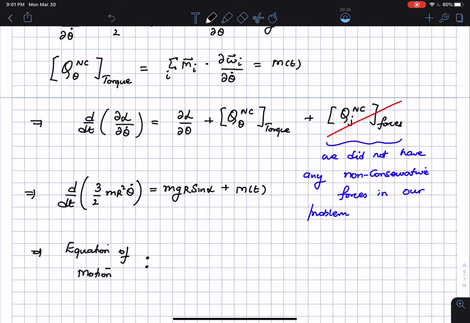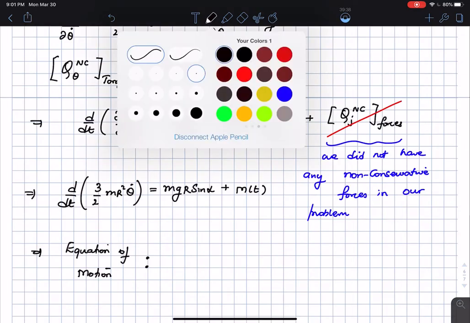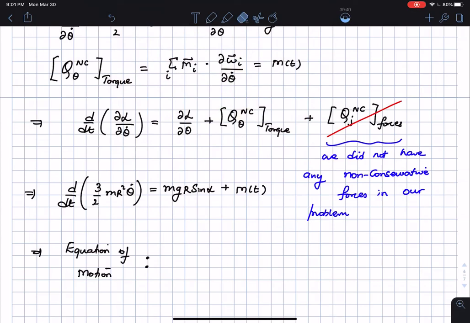d by dt of theta dot is theta double dot. I can get rid of some of these r terms and m terms here, so I'm going to cancel off the mass m, and then I can get rid of one of the r's in there.